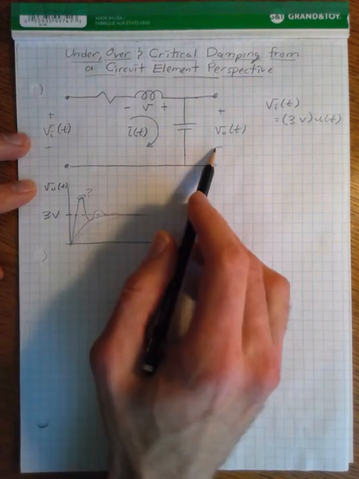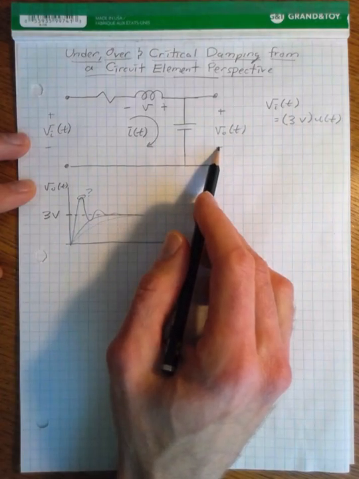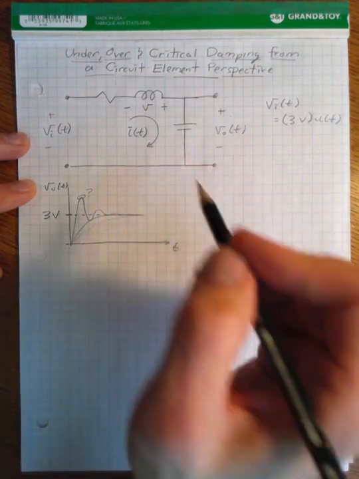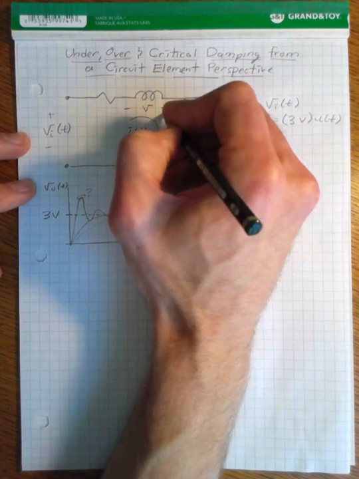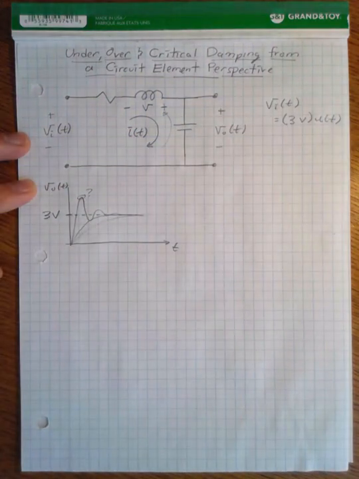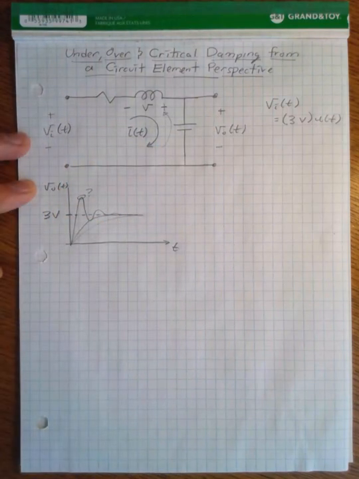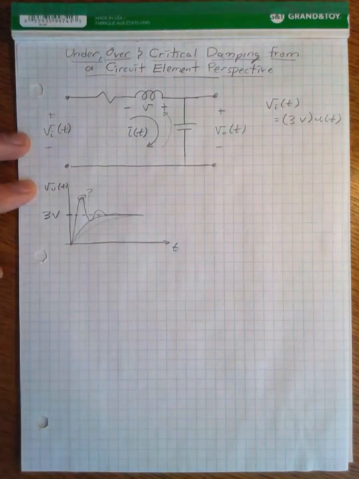However, at this point, we now have an overcharged capacitor. So the capacitor is charged at a voltage that's higher than 3 volts, so it can actually discharge current back into the circuit in the counterclockwise direction because its voltage is greater than the 3 volts of the source. And so then current flow will reverse through our circuit.